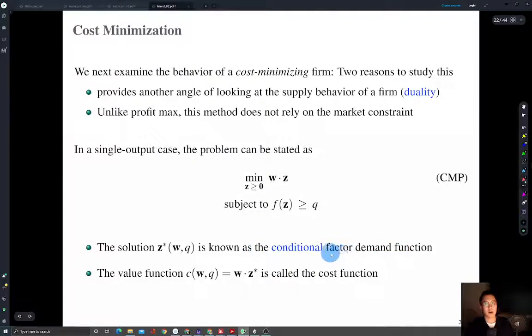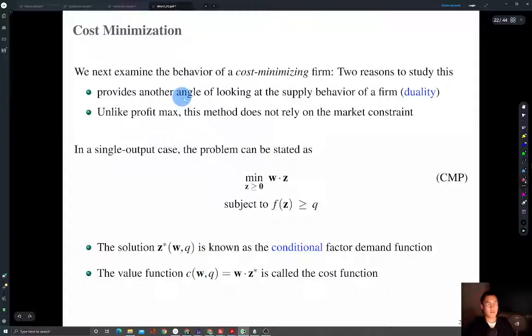It is a factor demand function conditioned on target quantity Q. And if we substitute the solution into the objective function, the dot product between the input price vector and the conditional demand function is called the cost function. Just like the conditional factor demand, the value function also depends on these two parameters.